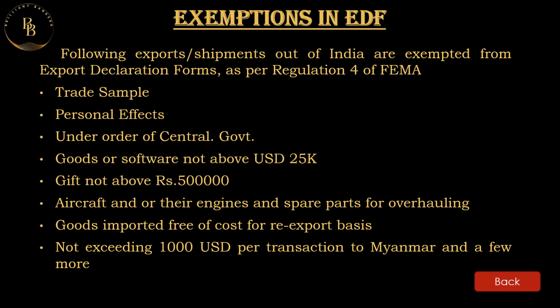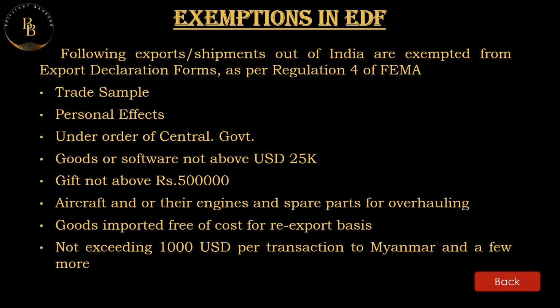Any goods or software which is not above US dollars 25,000 is exempted from the EDF. Aircraft or aircraft engines and their spare parts, which are being sent for overhauling and which will be imported back, are exempted from EDF.